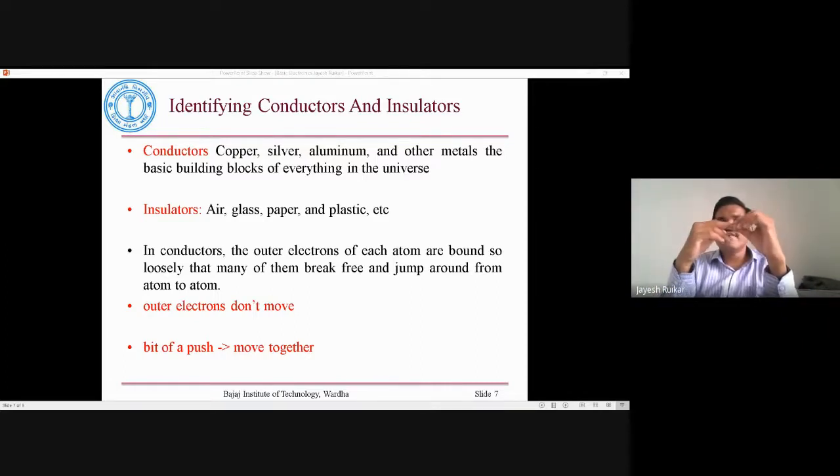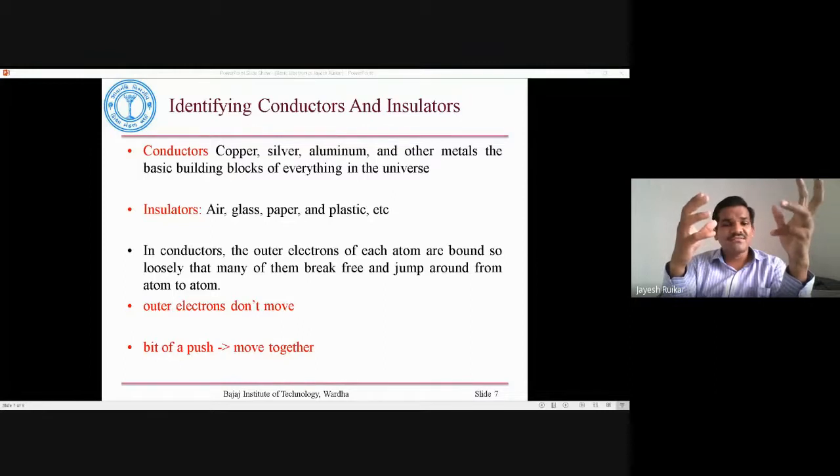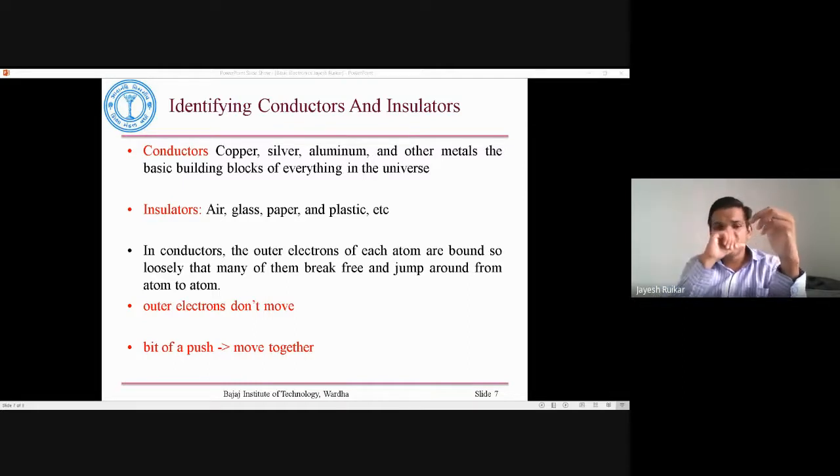For example, air, glass, paper or plastics are good insulators, so they do not conduct. Rubber-like polymers are generally used to insulate our electrical wiring, which is another example of an insulator.